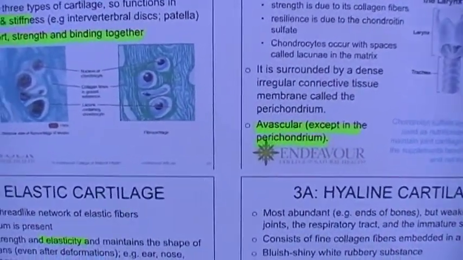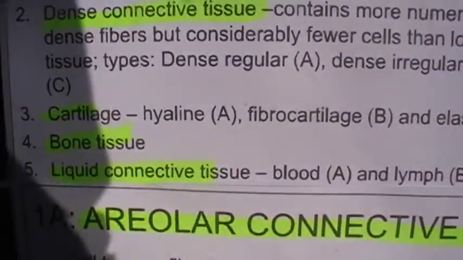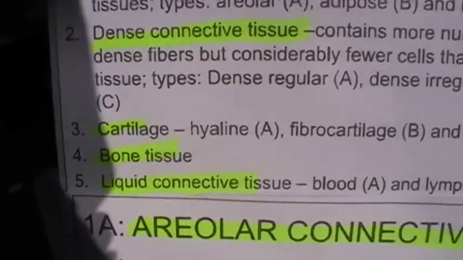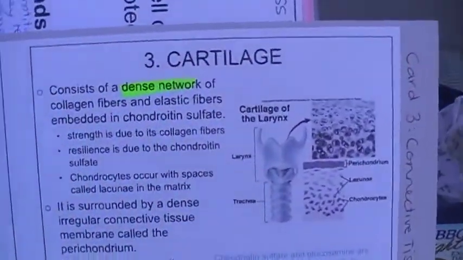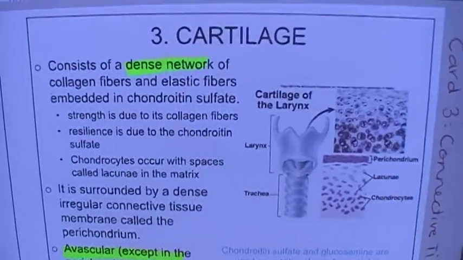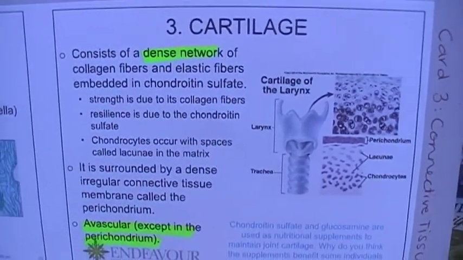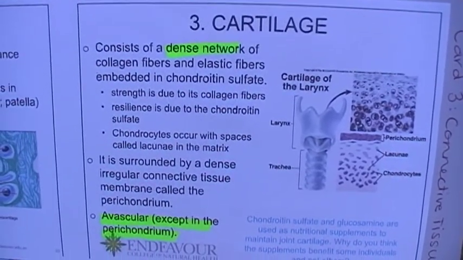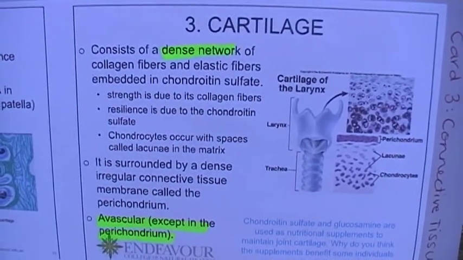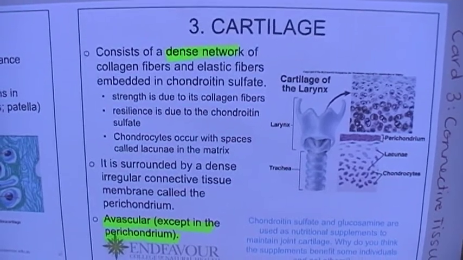Now we have the third type, cartilage: hyaline, fibrocartilage, elastic. It's avascular. It has a lot of collagen and elastic fibers.